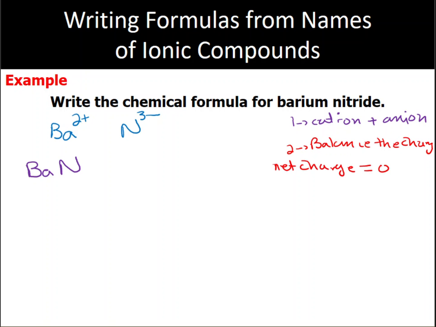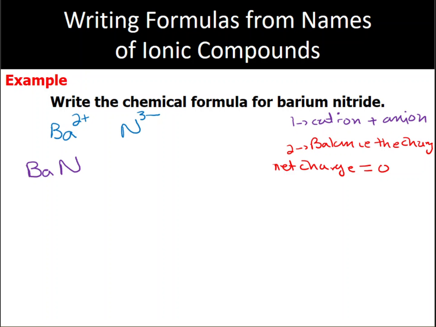Now, barium nitride in the ratio given here, 1:1, the net charge is not going to be 0, right? Because barium is 2 positive, nitrogen is 3 negative. So the net charge, if I use 1 barium and 1 nitride, is going to be -1. So that's not going to work.